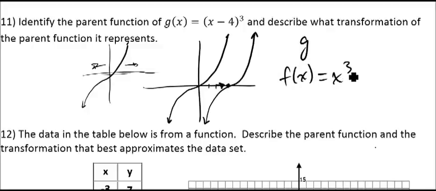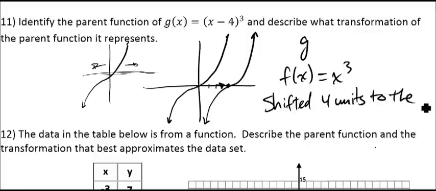And what's happened to this parent function is I've shifted it 4 units to the right. So that's my story with number 11.